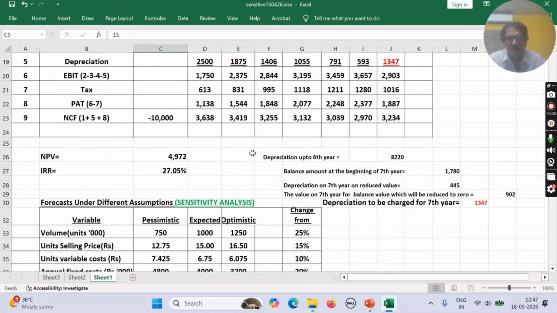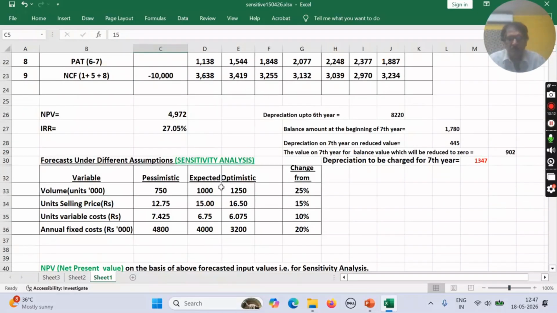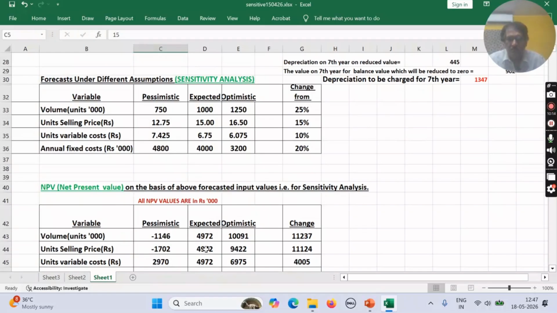Okay, again you can see the NPV value is this, expected value 490. This is the normal situation. And this is the pessimistic situation, and you can see the maximum change has been placed when volume is changed. That is, the change of NPV is significant.